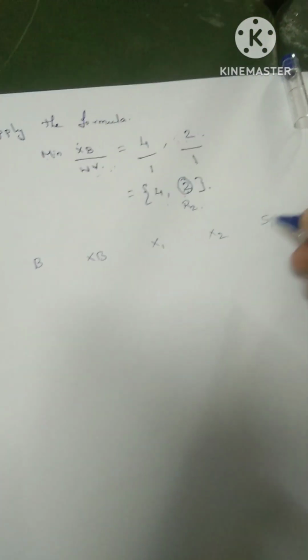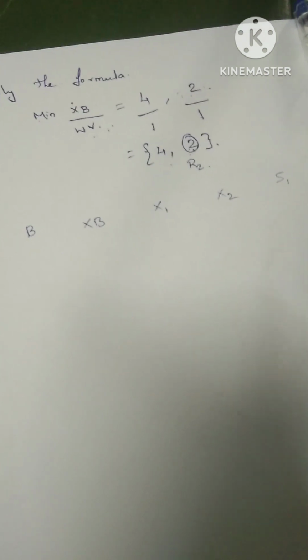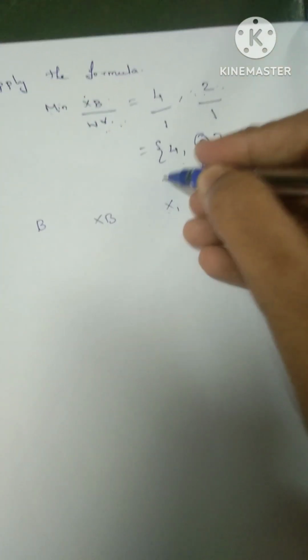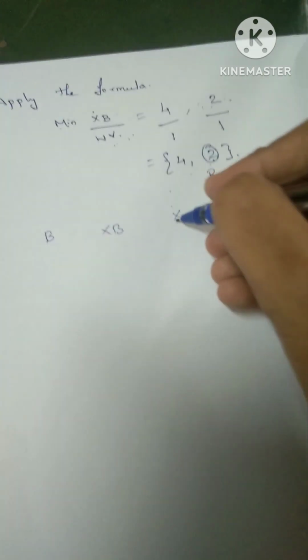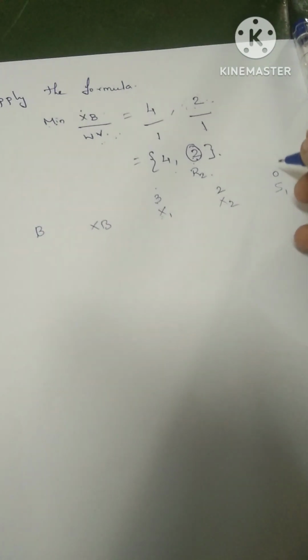In the simplex method we are withdrawing the s2 variable which we had introduced. Then we have to mention the objective functions: for x1 the objective function will be 3, for x2 it will be 2, and for s1 it will be 0.